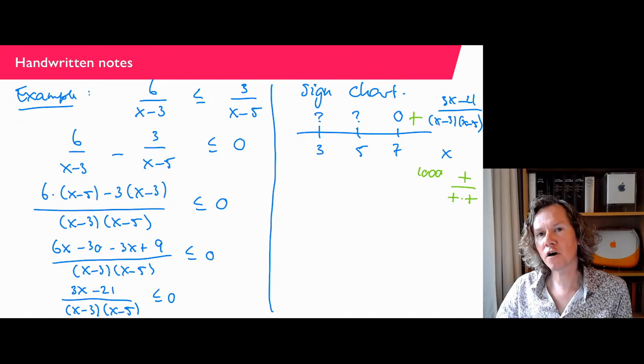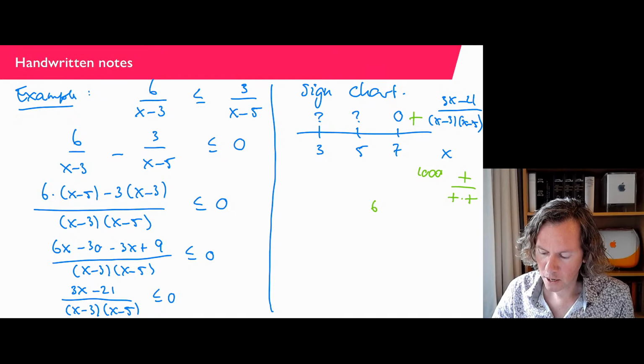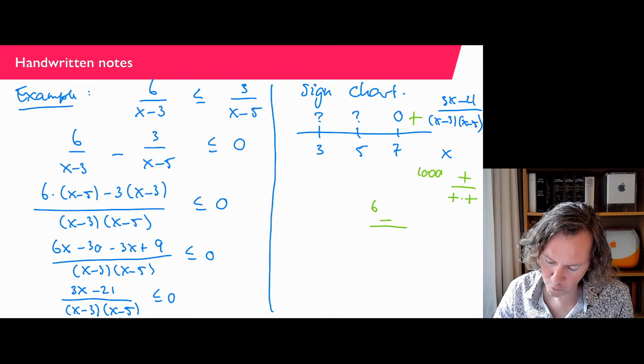Then in between 5 and 7, I take 6. And then I get 3 times 6 minus 21, so I get minus over plus times plus. So the whole thing is going to be negative.